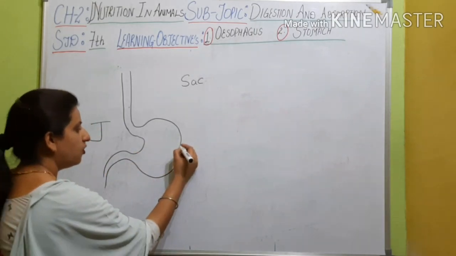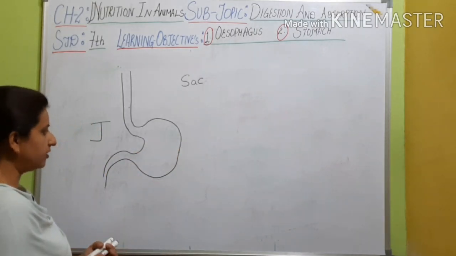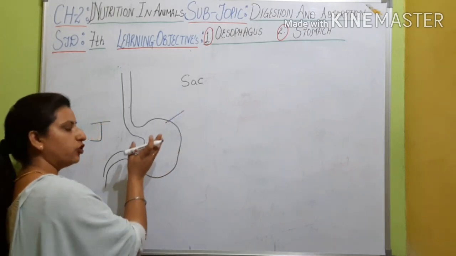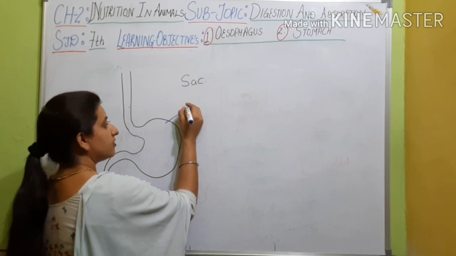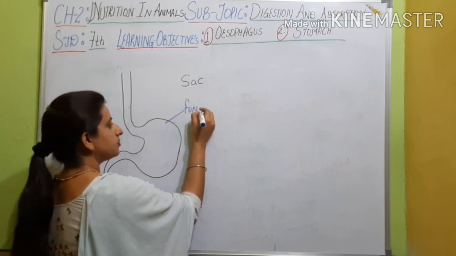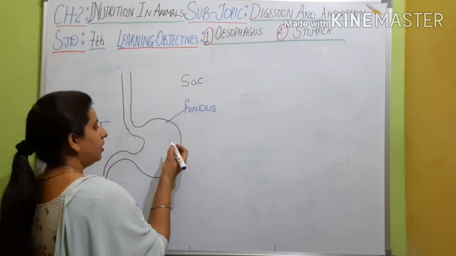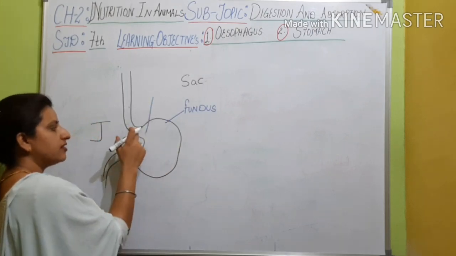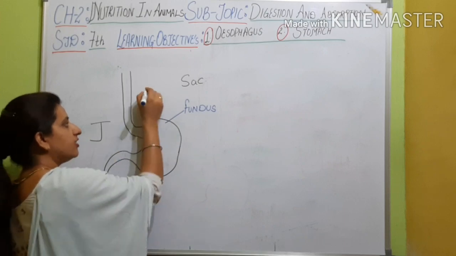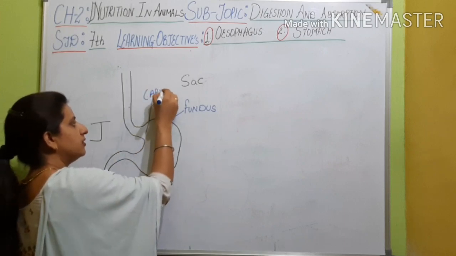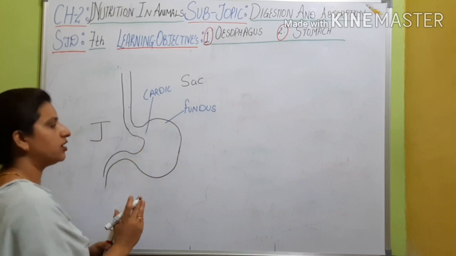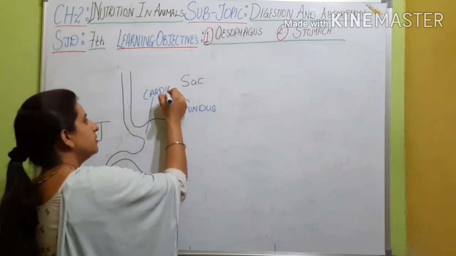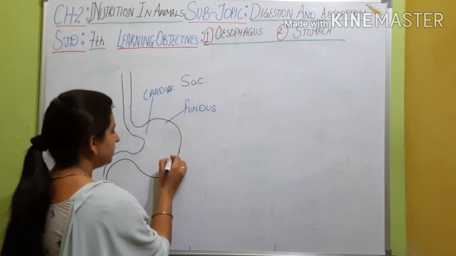Now it has four main parts. This is the part which is projecting slightly upward. This is called the fundus. Now the part which is near the ending of the esophagus and near the heart is called the cardiac. This is the body.